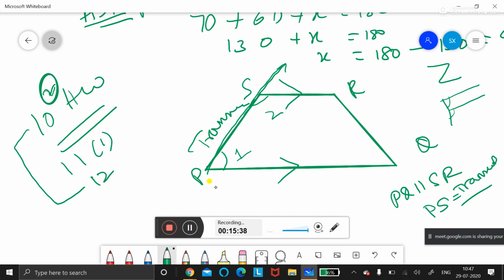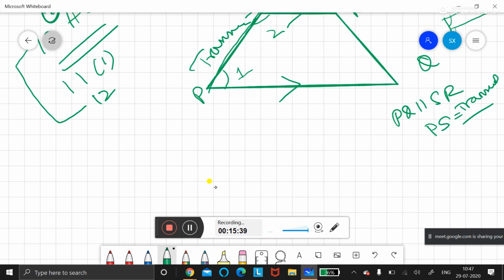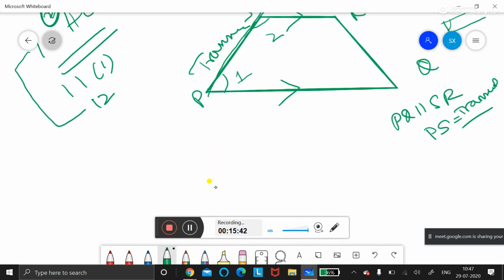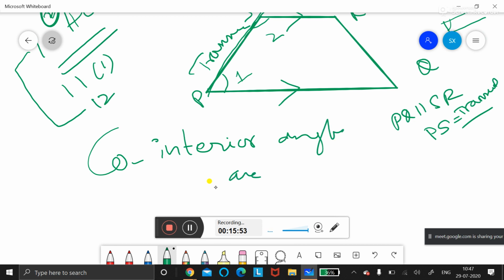Co-interior angles. Who said that? Sai. Very good. That was 7th standard portion. Co-interior angles are supplementary. Angle 1 plus angle 2 should be 180.